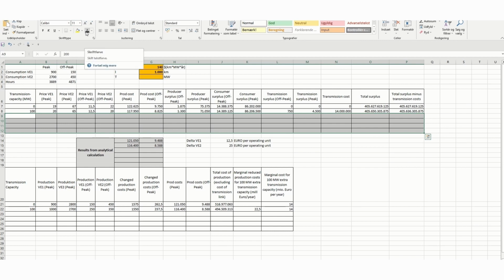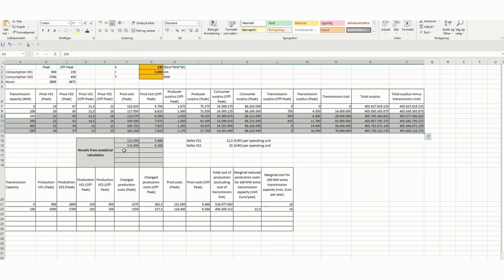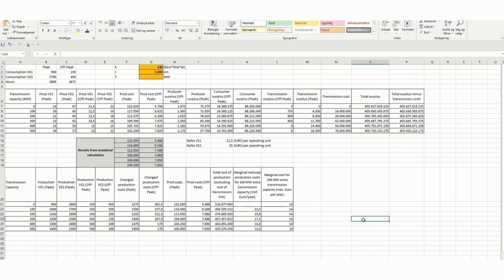changing the capacity here, and this is the result of the analytical calculation. I also do it here. So you can see here that with a capacity of between 300 and 400, we will have a minimum of the total cost.